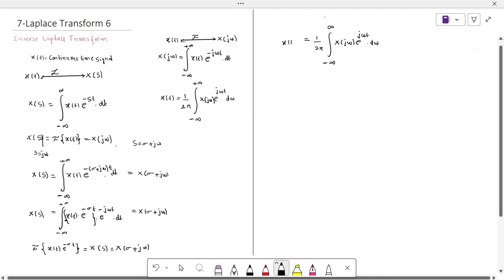So it is equal to x of t. This is the formula for the inverse Fourier transform.